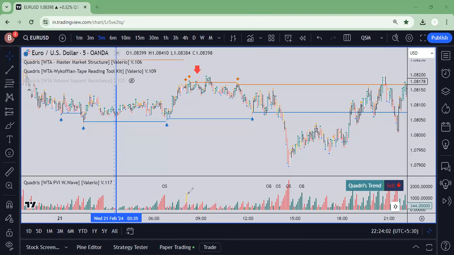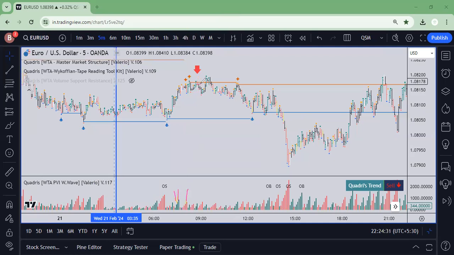One thing is force. Green signifies force of demand, and let me change the color of the pen. So this is force of demand, this is force of supply.